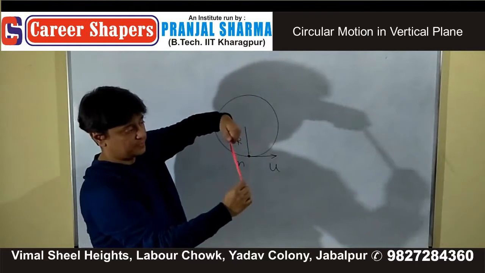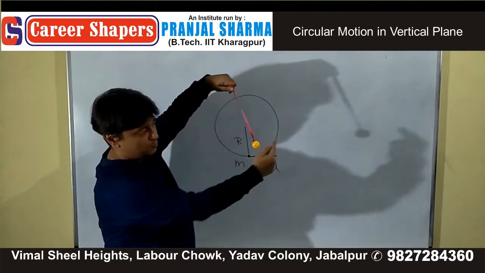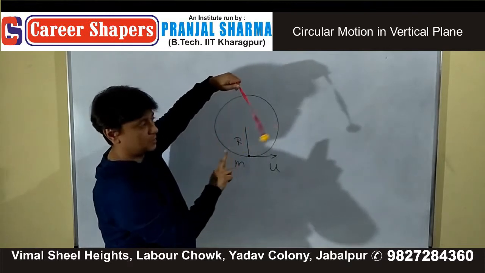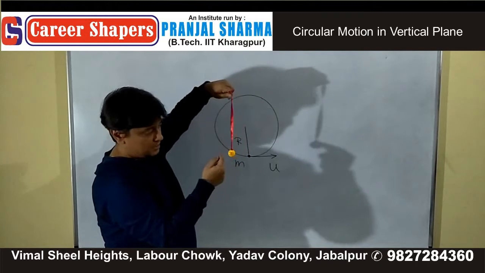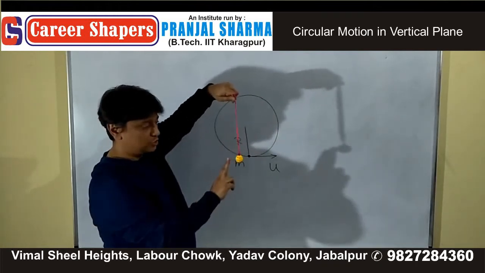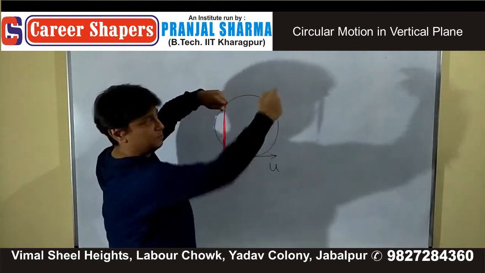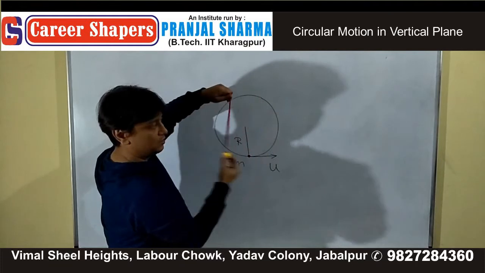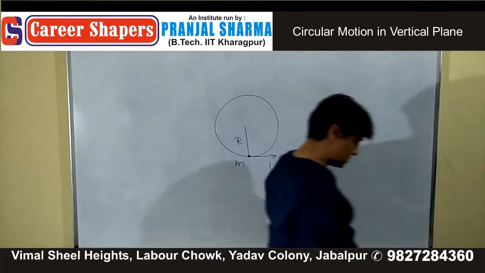If I give it some velocity, then it only moves to this position. If I increase the velocity at the lowest point, angular displacement increases. The question says, what should be minimum U so that it can complete 1/4 circle?